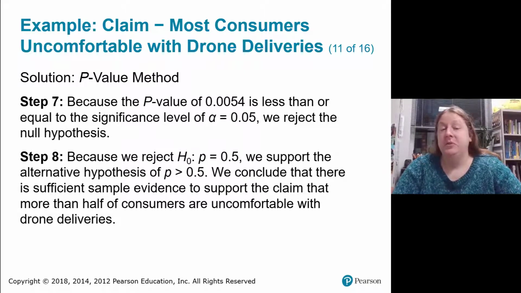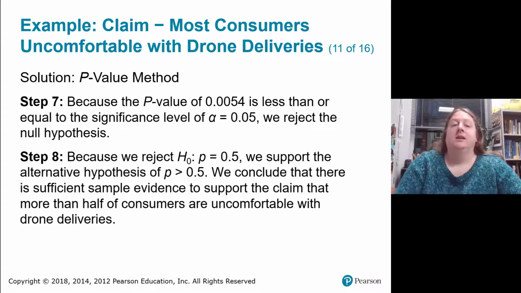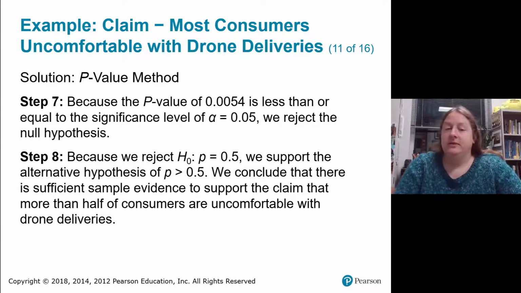If our p-value is less than our significance level, we reject the null hypothesis. And then step 8, we need to interpret this. Because we reject our null hypothesis that the proportion is 0.5, we support the alternative hypothesis of p is greater than 0.5. We conclude that there is sufficient sample evidence to support the claim that more than half of consumers are uncomfortable with drone deliveries.